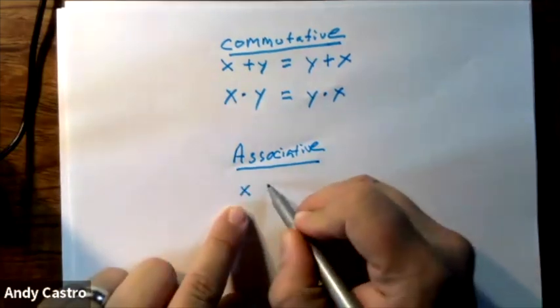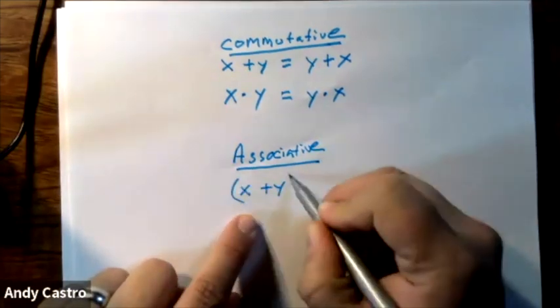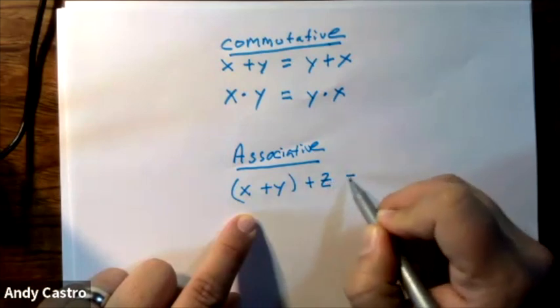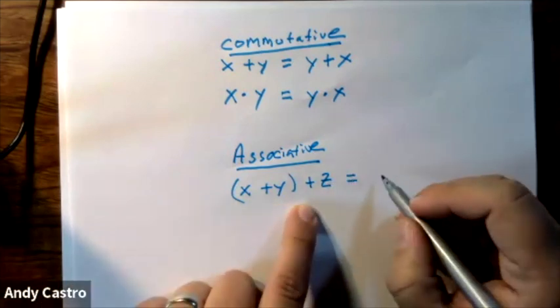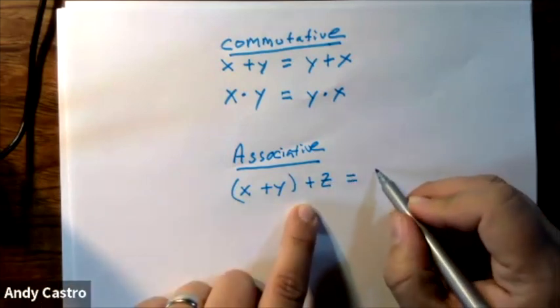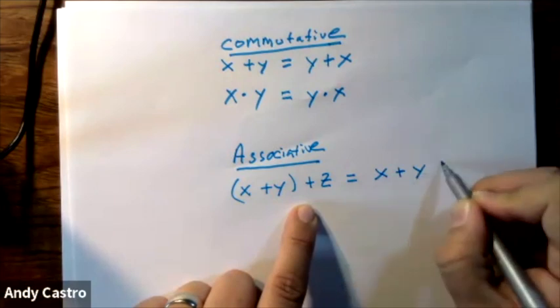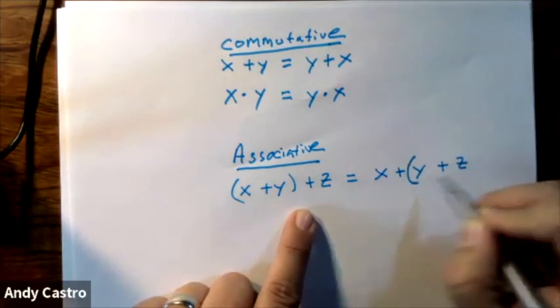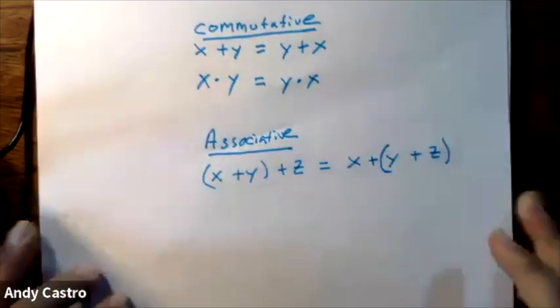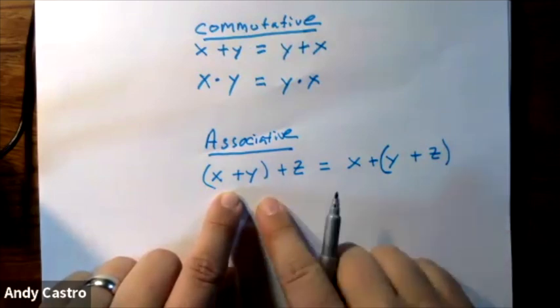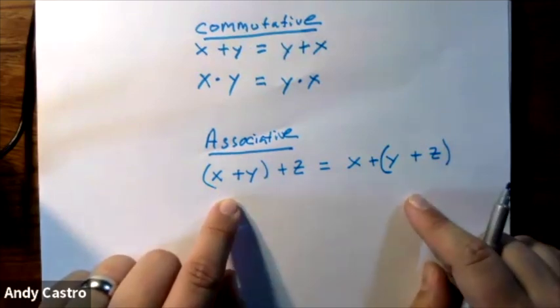Associative simply means that if I'm adding two or more things together, I can associate two things differently, and it still comes out to be the same.